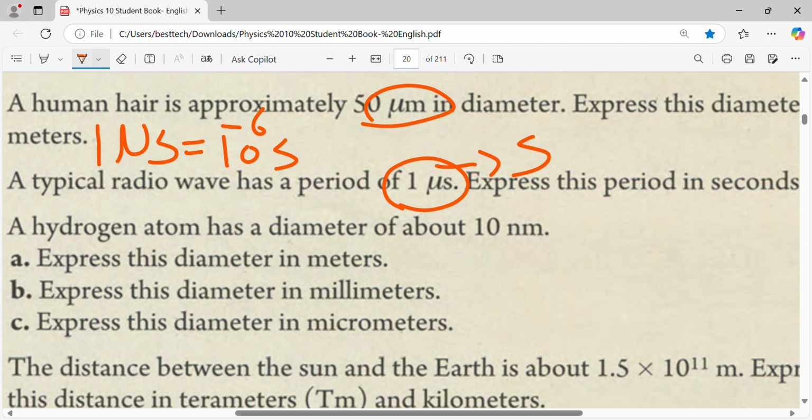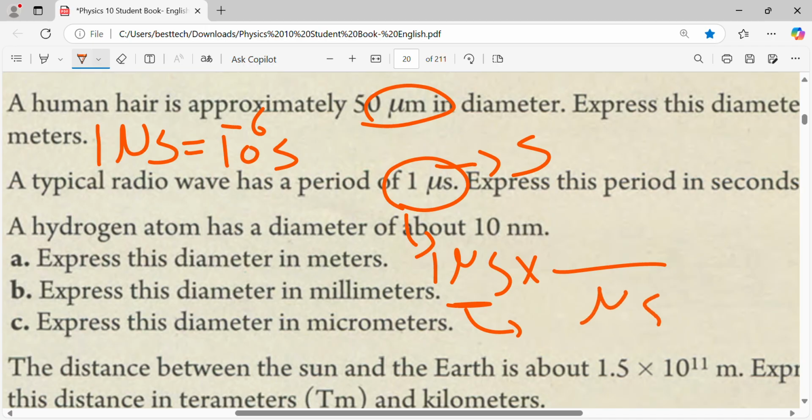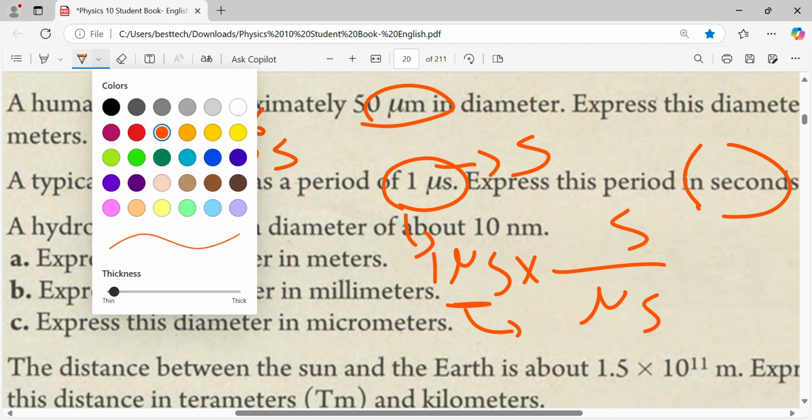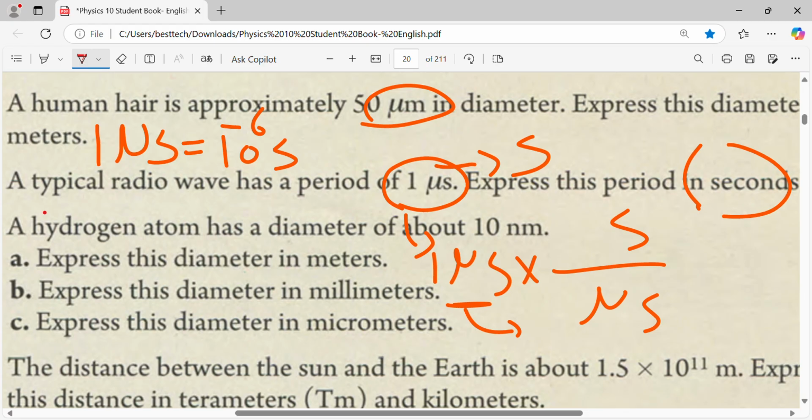Guys, this is so easy. Again, memorize the rule all the time. 1 microsecond, multiply, make a line. Because it's microsecond, copy microsecond in the down. What are we going to write in the up? Because the question said make it second, in the up should be second. According to the rule, we have 1 microsecond, so the one should be next to the microsecond, and the other is second with 10 power negative 6.